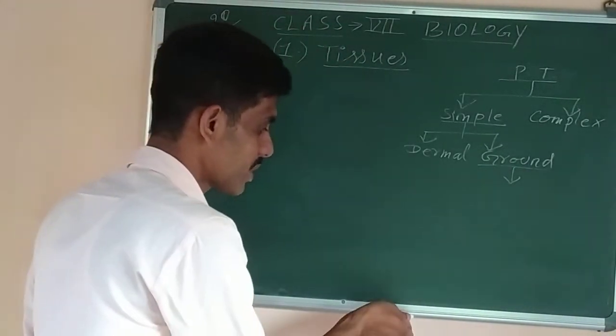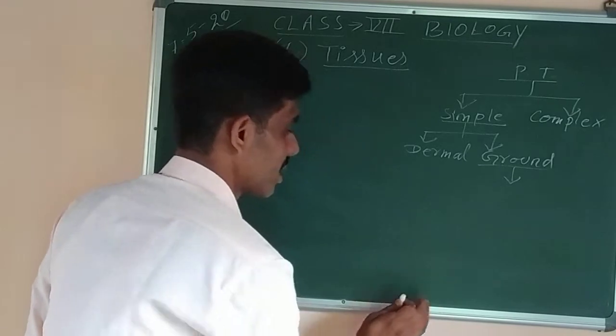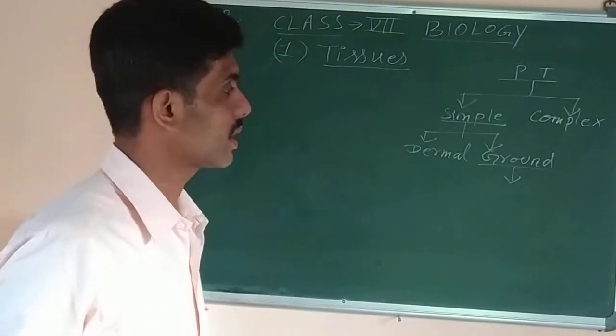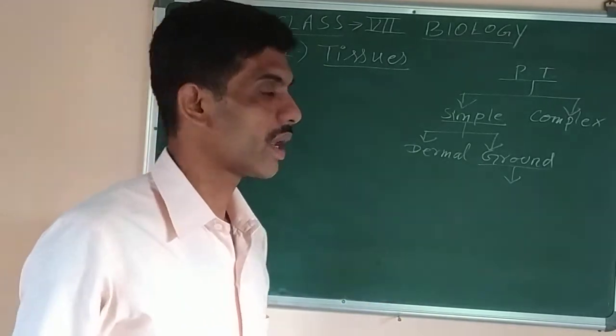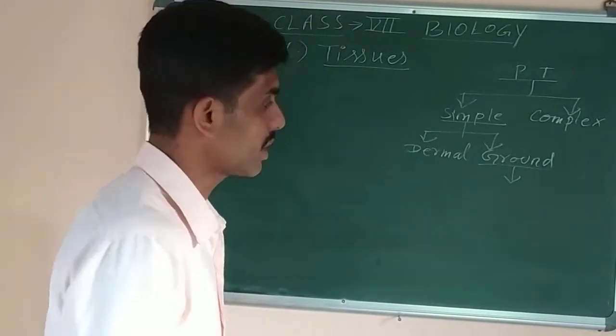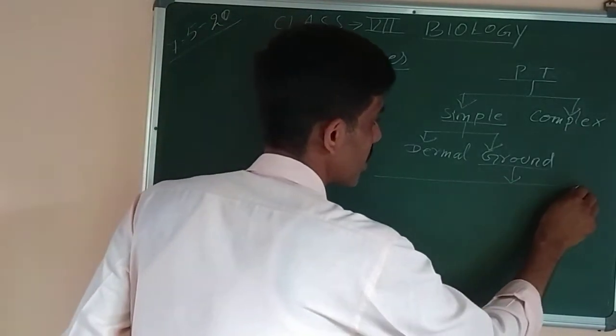Ground tissue forms the bulk of the plant tissue, the majority part. It is further divided into three types. What are they?